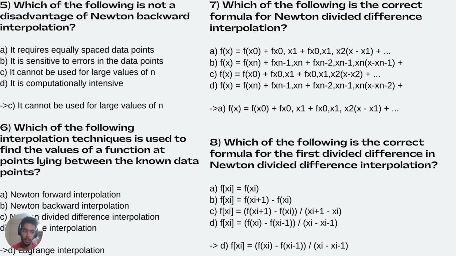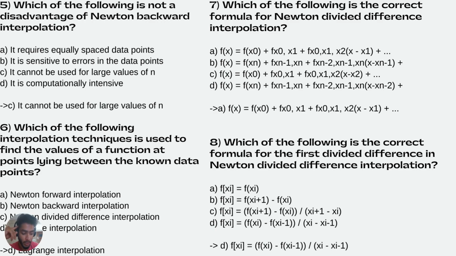Let's say we have six data points, one, two, three, four, five, six, top to bottom. If we have to find the value between data number one and data number two, then we use Newton forward interpolation. But if we have to move backwards, from last to the start, let's assume we have to find the value between the fifth data and the sixth data, then we use Newton backward interpolation.